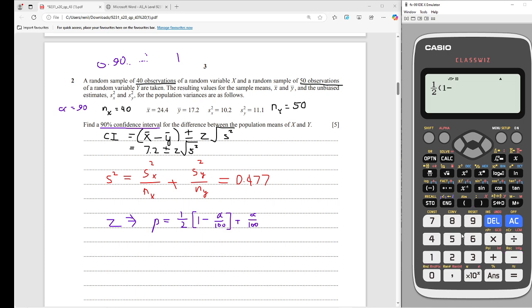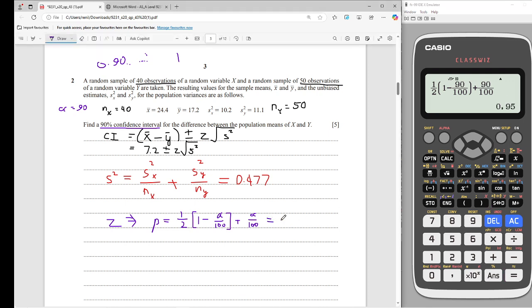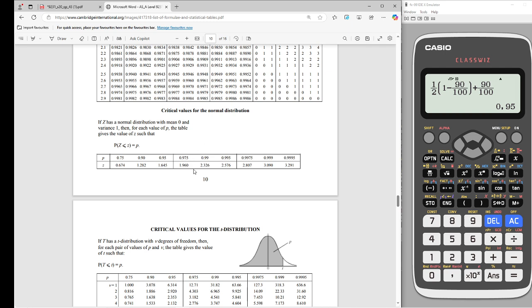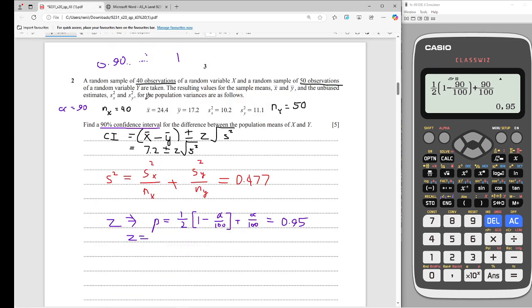This formula is mainly used to help and guide those who don't understand how to get our CI values. So here we can plug in, and we get our value 0.95. That is our P value, and so our Z value is going to be, at 0.95 column heading, 1.645.